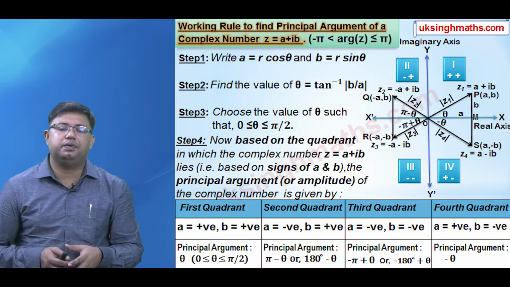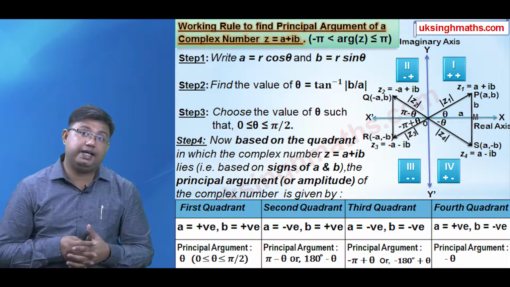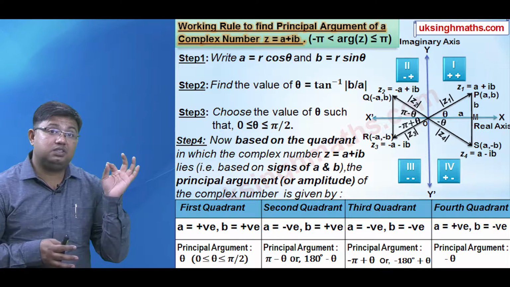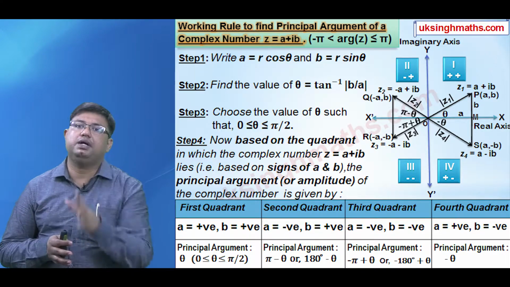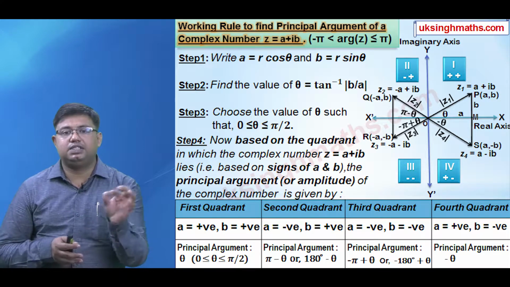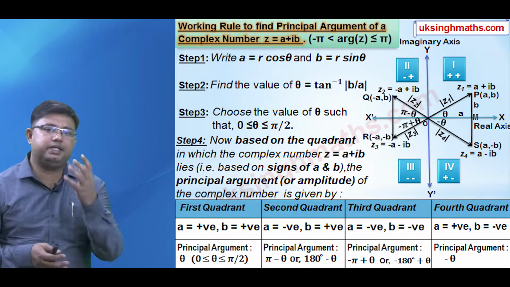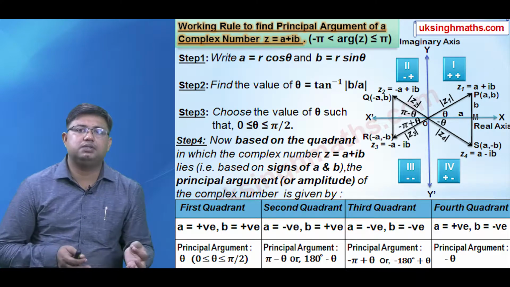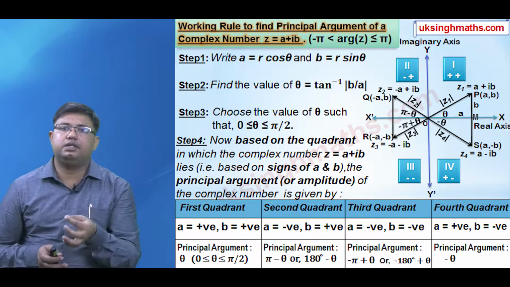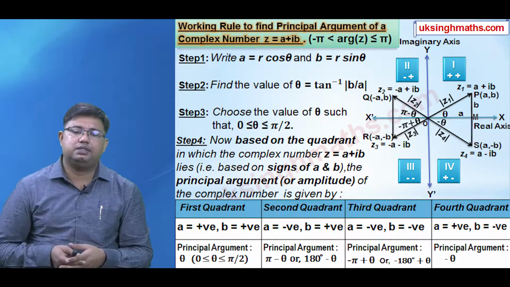And in step 4, based on the quadrant in which our complex number lies, means based on the signs of real and imaginary part a and b, the value of the principal argument is given by the following table. For basic understanding, I have taken 4 complex numbers z1, z2, z3, z4 lying in all the 4 quadrants respectively.